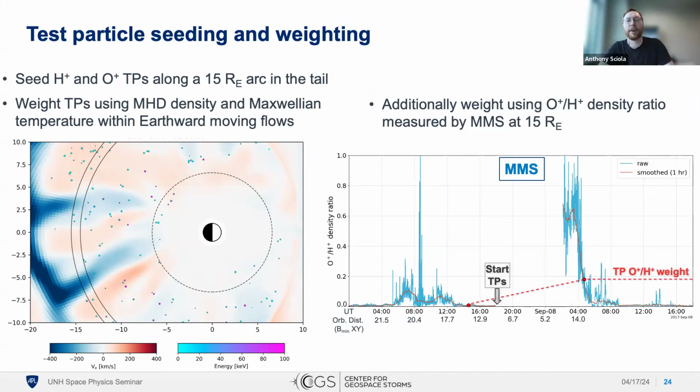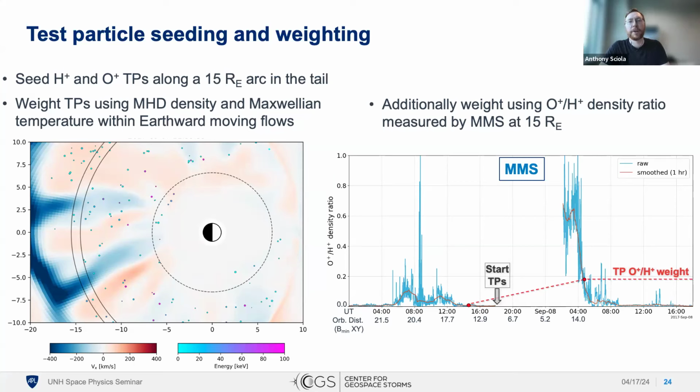We use the hydrogen and oxygen cross sections from Smith and Bewtra, as well as the Ostgaard geocorona model. Since we know the location, we can evaluate the neutral density, and we calculate the charge exchange lifetime from that.